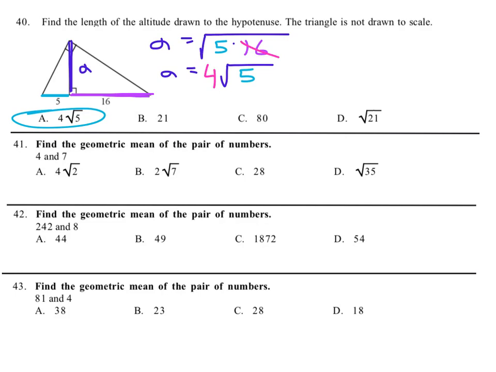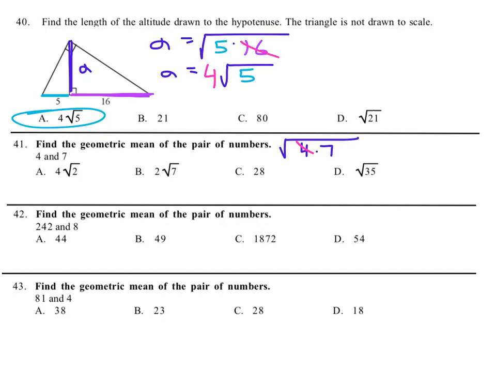Now they gave you a visual representation of that. These last three, they don't give you a visual representation, but that doesn't intimidate you. Remember, to find the geometric mean, you take the square root of the two numbers they gave you, 4 times 7. Even though you could put it together to be the square root of 28, before we bother putting them together, let's see if there are any perfect squares.